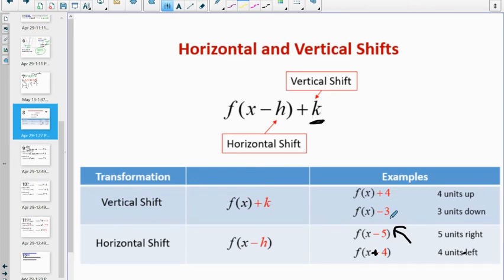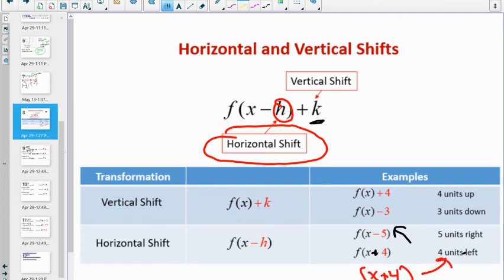So again, remember, if it's a vertical shift and it's plus, you're going up. If it's minus, you're going down. And if it's a horizontal shift, the h value here, then if it's minus, you're going right. But if it's plus, so if it's like x plus 4, then you're going left.